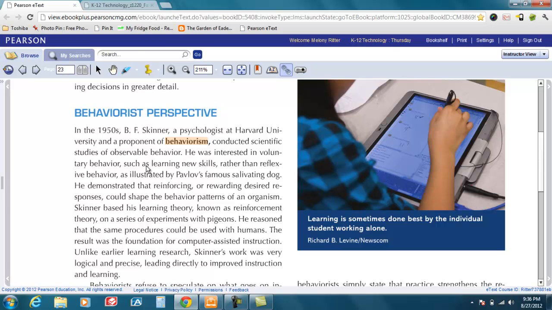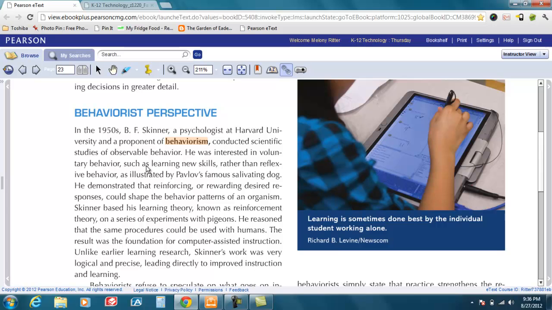He was interested in voluntary behavior, such as skill acquisition, rather than reflexive behavior. He demonstrated that reinforcing or rewarding desired responses would shape the behavior pattern of an organism.